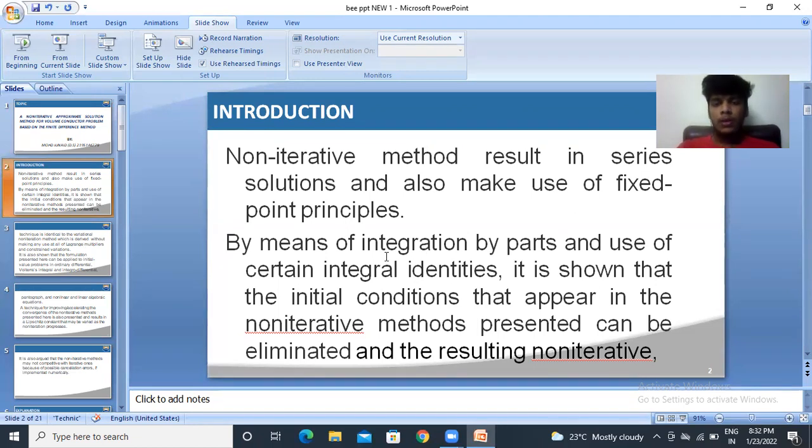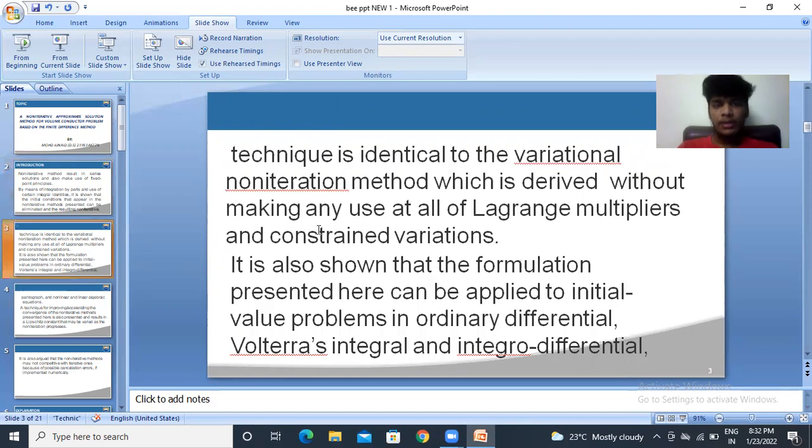By means of integration by parts and use of certain integral identities, it is shown that the initial conditions that appear in the non-iterative methods presented can be eliminated, and the resulting non-iterative technique is identical to the variational non-iteration method, which is derived without making any use at all of Lagrange multipliers and constrained variations.